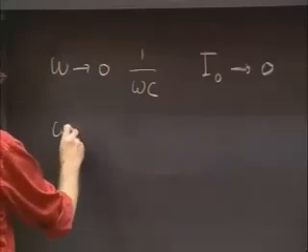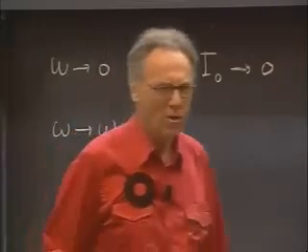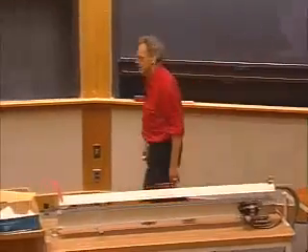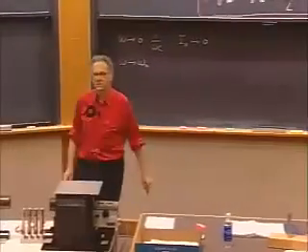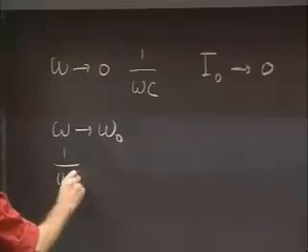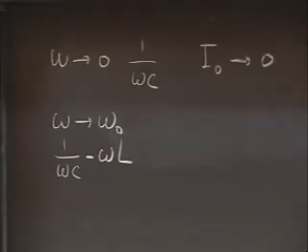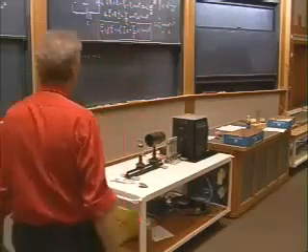Suppose my omega goes to omega 0. Now your memory may fail you here on 802. But we have a wonderful demonstration in 802 that at resonance, 1 over omega C, which is the reactance of the capacitor, minus omega L, which is the reactance of the inductor, is 0. That determines actually the resonance.